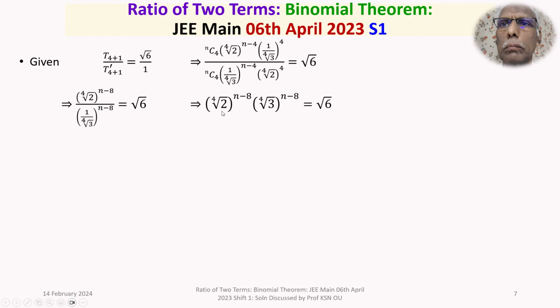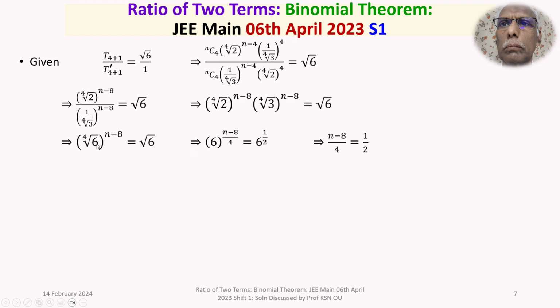Now, the fourth root of 2 to the power of n minus 8 divided by 1 by the fourth root of 3 to the power of n minus 8. The powers are the same. The fourth root of 2 multiplied by the fourth root of 3 is the fourth root of 6, to the power of n minus 8, is equal to square root of 6.